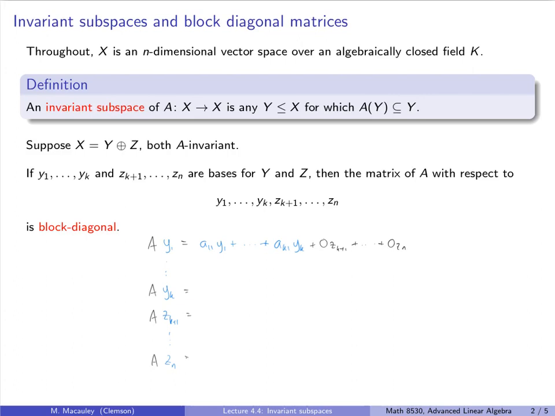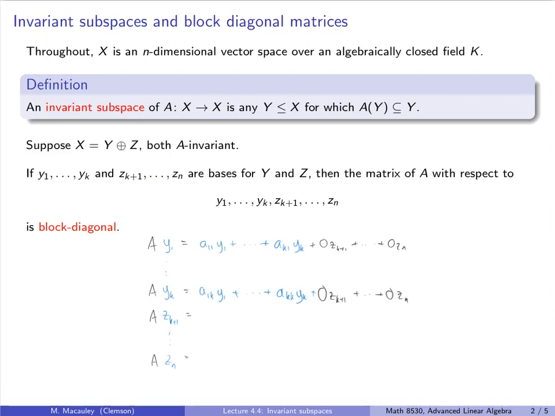And similarly, A yk down here is going to be a1k y1 plus and so on up to akk yk plus, again, 0 zk plus 1 all the way up to 0 zn. And then similarly down here, since Z is A-invariant, A is going to map each of these zi's to some linear combination of themselves.